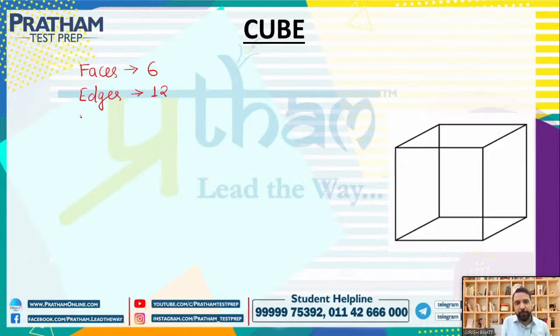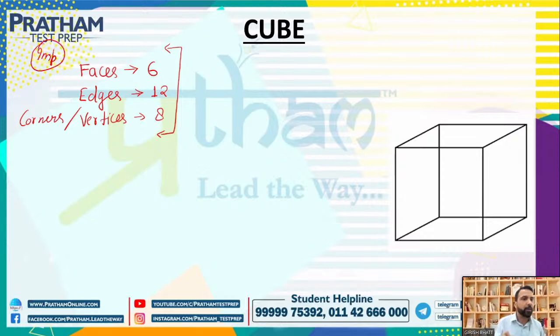And how many corners or vertices? 8. So this is a very, very important concept of the cube, the most important part. There are total 6 faces, 12 edges and 8 corners.